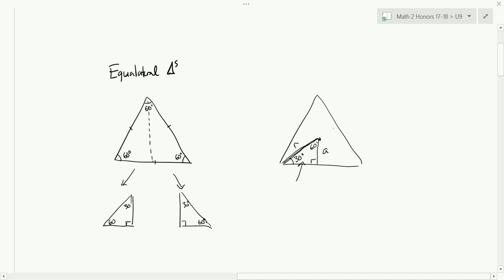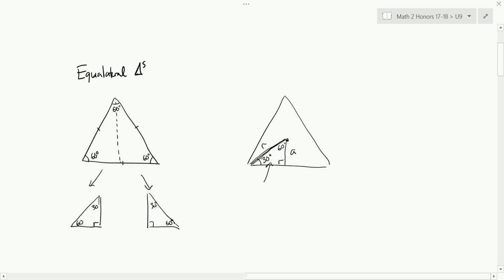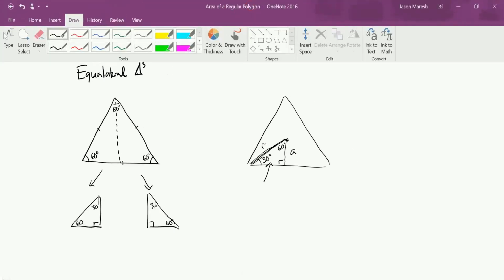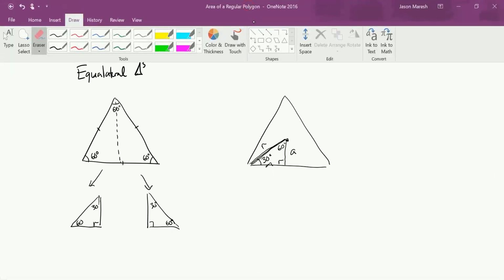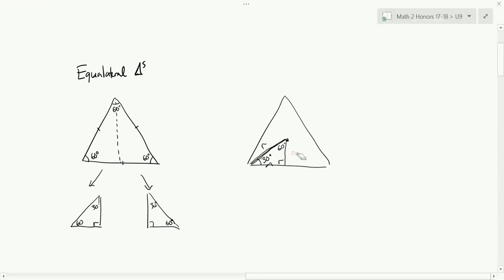And then, in fact, it's important to know this. Let me move the A and the R here. Sorry. So if I go this way, if I draw to this vertex, we get the same thing. This is 30. This is 60 and 90.